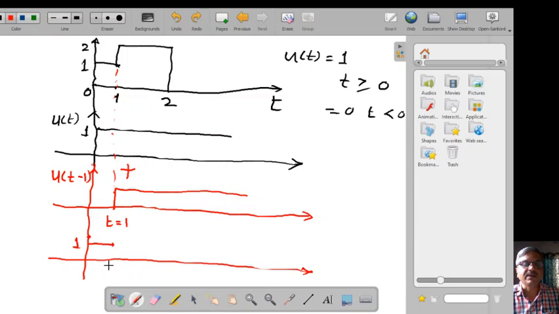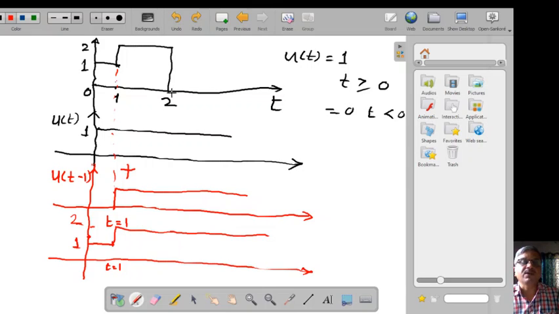At t equal to 1, when another delayed unit step signal comes, what will happen? This signal and this signal get added, and its amplitude will become equal to 2. So at t equal to 1, my signal will become like this.